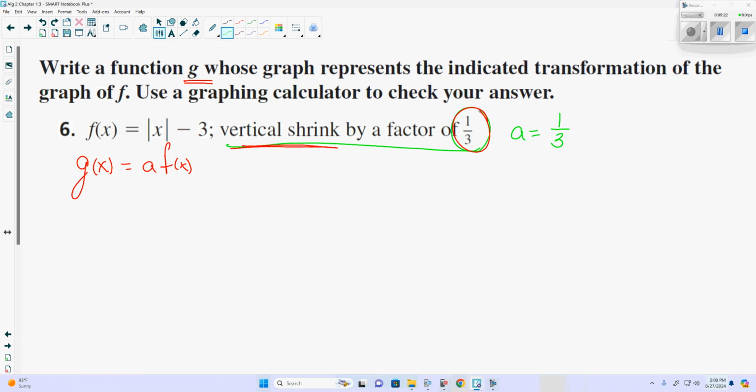Now, if it's horizontal stretch or shrink, we have to flip it to get our value of a. Questions?